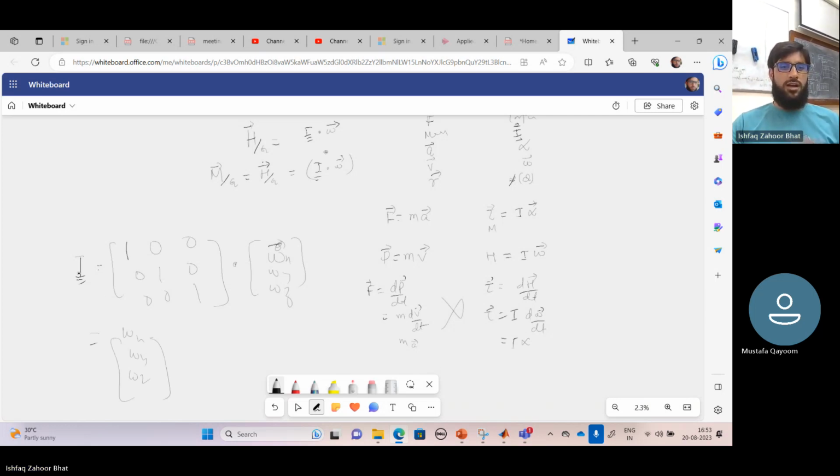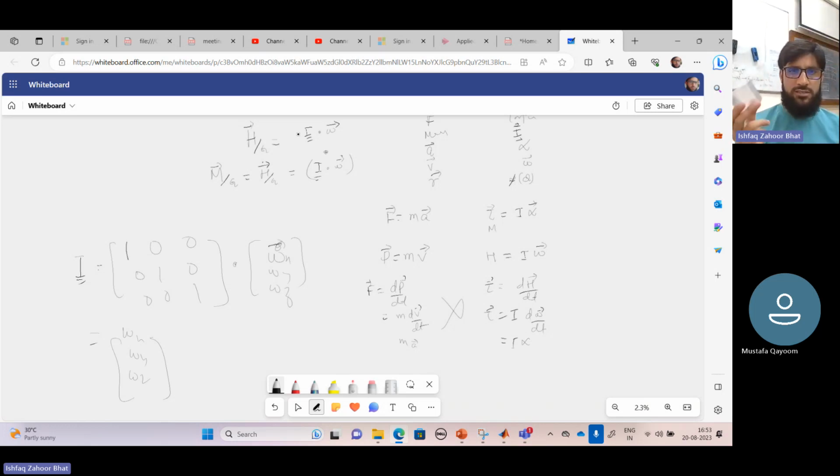So this inertia tensor I has not rotated the omega. So your angular momentum vector for this good cube will be in the same direction as omega itself. If you rotate it, the direction of the angular momentum vector will point in the same direction as omega.